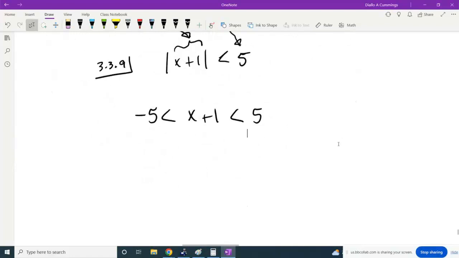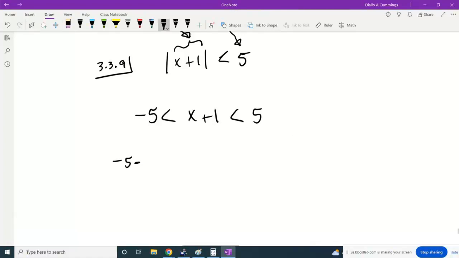So now this is a compound inequality, and we want to work it from the inside out. The only thing we want on the inside of these inequalities is x. So I'm going to have to take positive 1, and transpose it or subtract it from all three sides of this inequality.